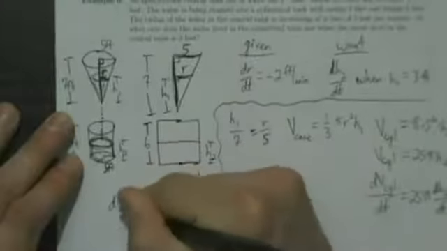So in other words, we could say something like dV cone dt equals dV sil dt.